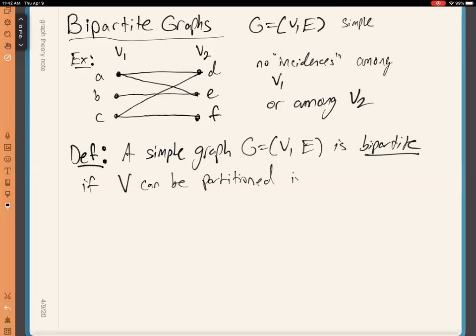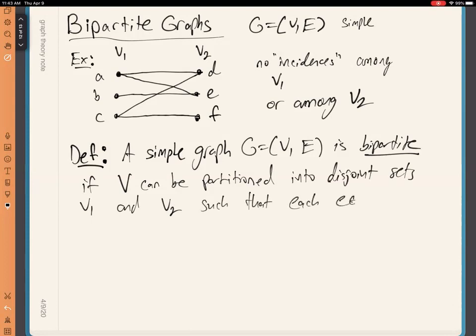So partitioned into disjoint sets V1 and V2, such that every edge connects a vertex from V1 to a vertex in V2. Right, so each edge e in the collection of edges connects some vertex in V1 to some vertex in V2.